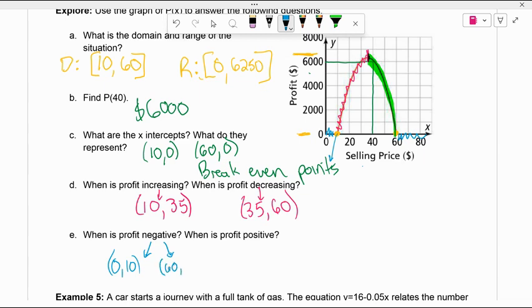So 60 to infinity, because we can charge as much as we want, but we're not going to make any money. But again, this is going to be going down. When is it positive? Well, from 0 to 60, because it's all above the x-axis.